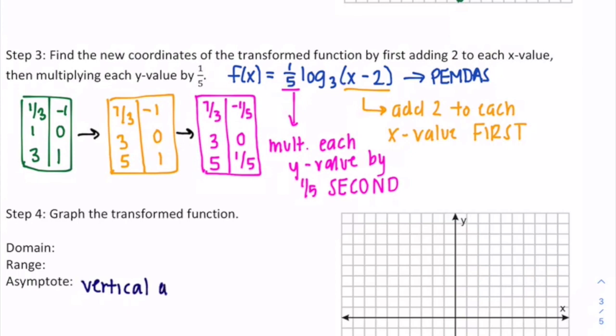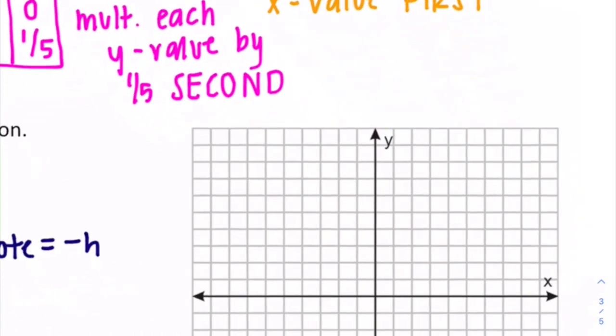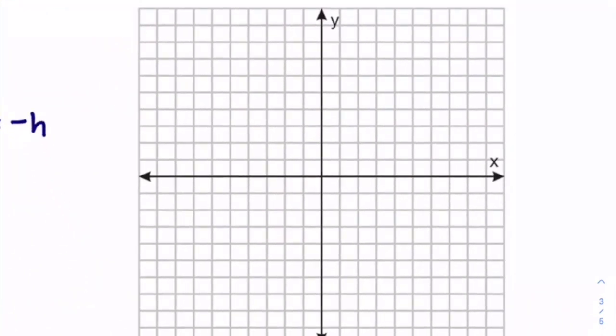So remember, when we are looking to find our vertical asymptote in a function that is not our parent function, the vertical asymptote is equal to -h. So in this particular problem, our h is -2. That makes our vertical asymptote equal to x equals +2. So go ahead and put that on your graph as a dotted line.